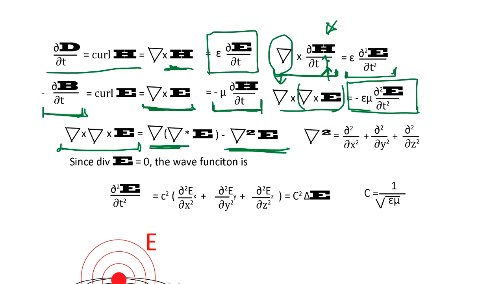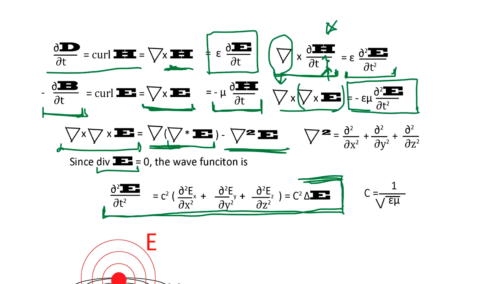The divergence of the electric field is zero because there's no true charge in the space. So we get ultimately the differential equation for the electric field, and this is the differential equation for how the electric field behaves in the space.